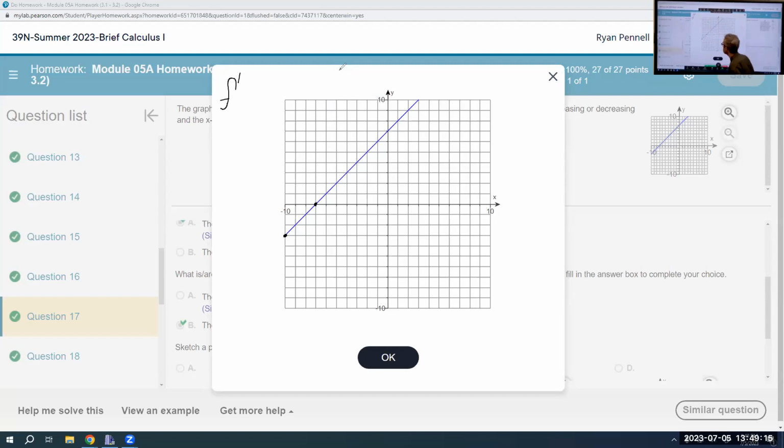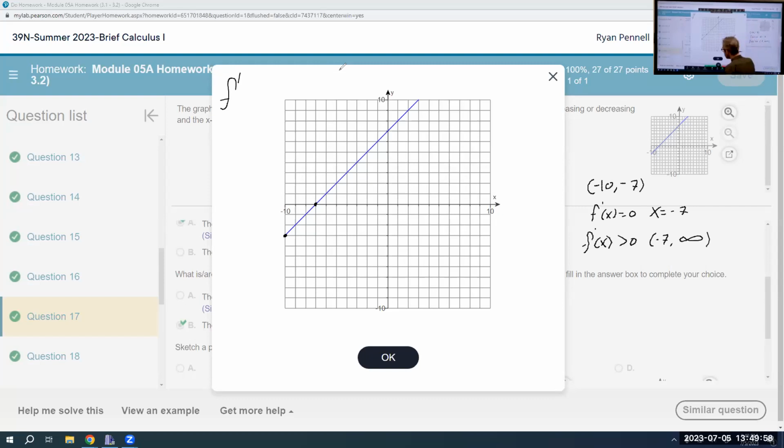In my numbers, that's from negative infinity to about -7. Then it hits 0 there. So f prime of x equals 0 at x equals -7. Then f prime of x is greater than 0 from -7 to infinity.